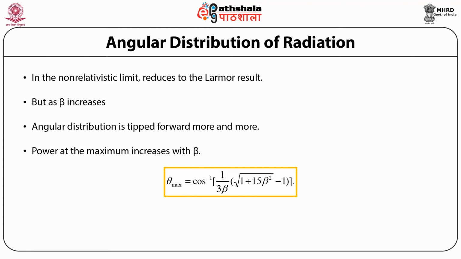So on putting cos theta equals u and differentiating with respect to u, we have theta max equals cos inverse of 1 divided by 3 beta into (under root of 1 plus 15 beta squared minus 1). So for beta tending to 1, theta maximum tends to 1 divided by 2 gamma.